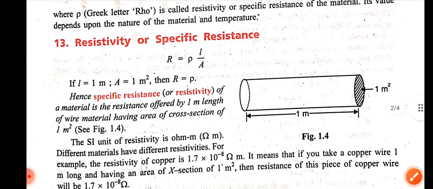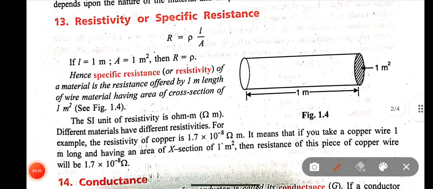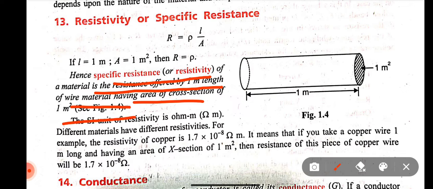Resistivity, or specific resistance of a material, is the resistance offered by a 1 meter length of wire having a cross-section area of 1 meter square, right? The SI unit of resistivity is ohm meter.